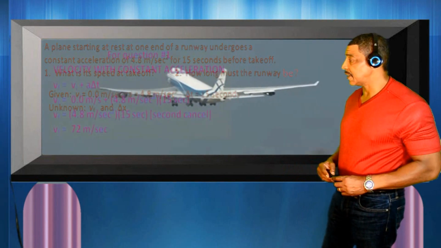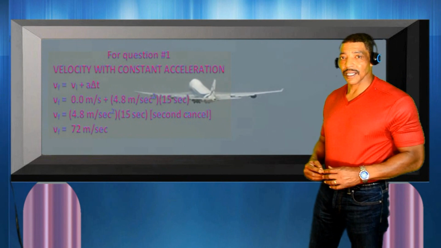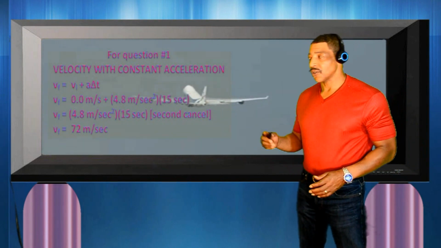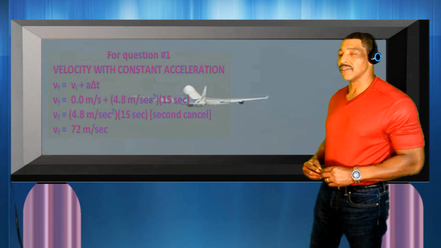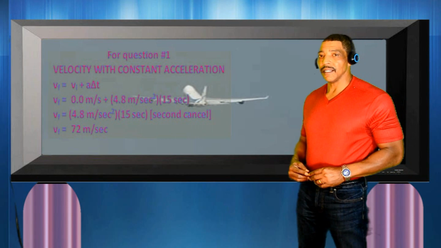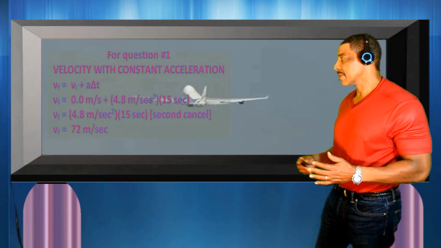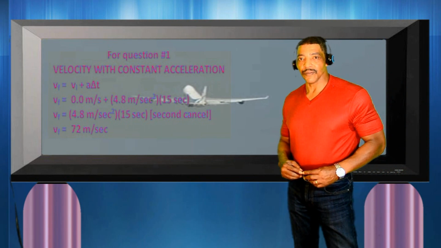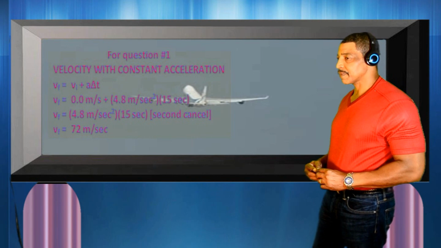Final velocity is equal to v sub i plus acceleration times delta t. Inserting information, final velocity is equal to 0.0 meters per second plus 4.8 meters per second squared times 15 seconds. The takeoff speed, the final velocity, will be 72 meters per second.